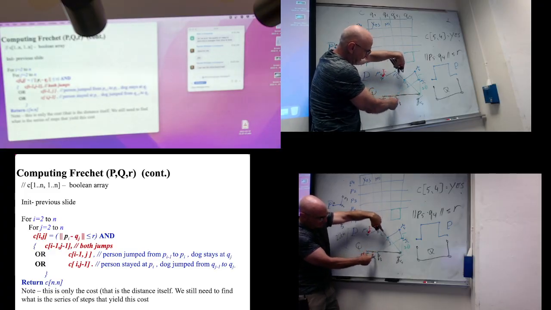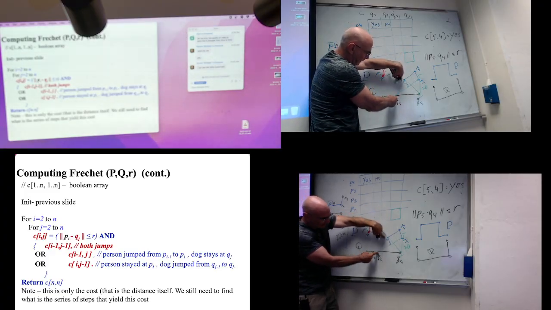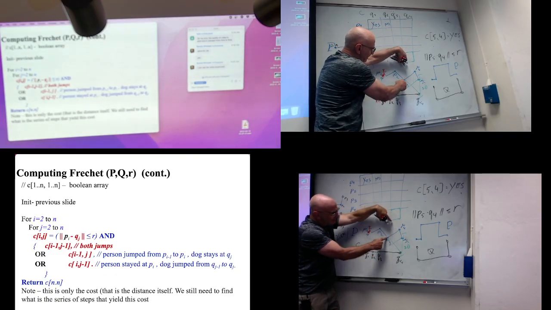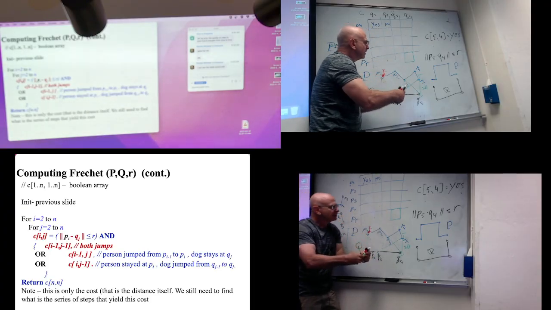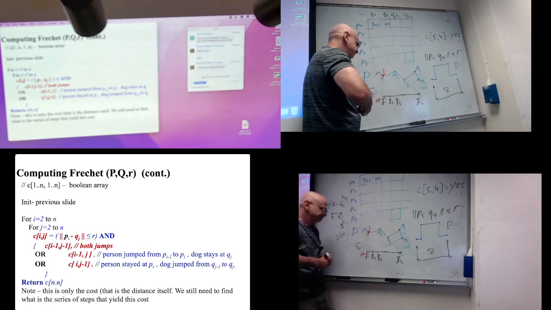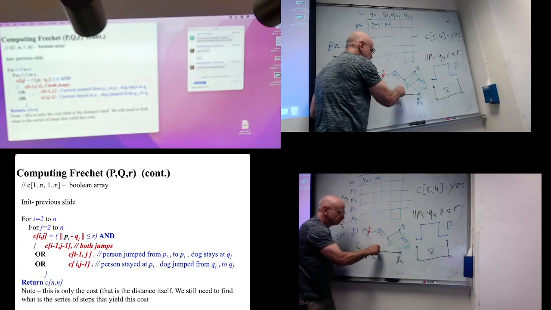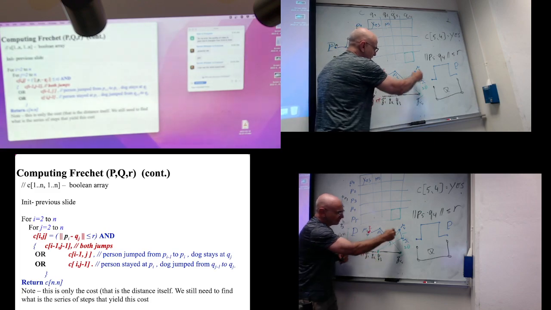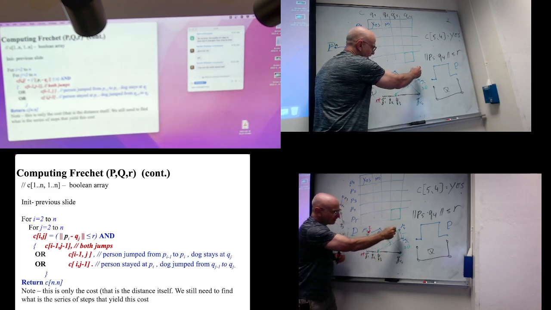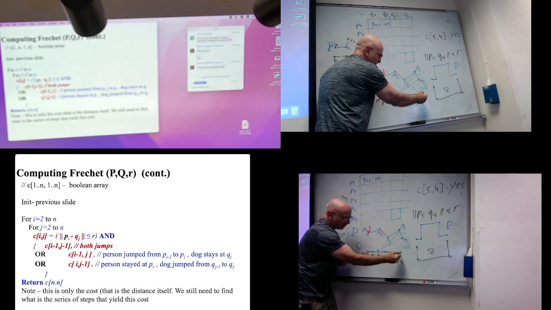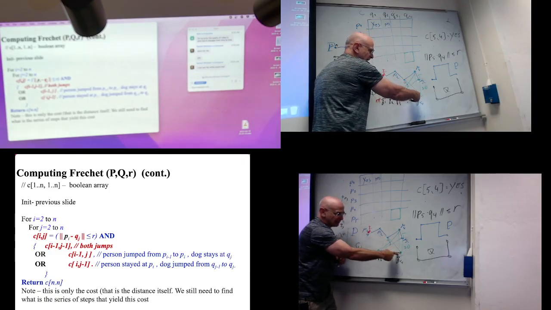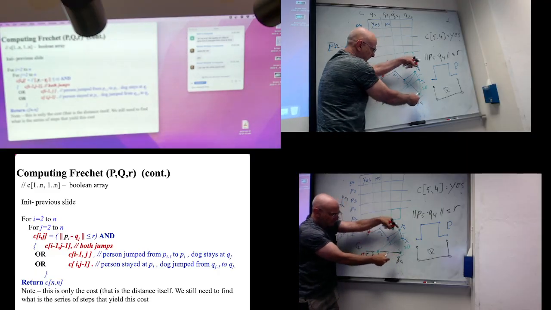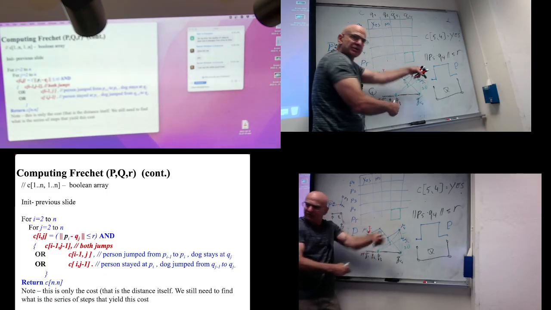Either the dog and the person are at P3, Q3, or P4, Q3, or they are at P4 and Q4, the dog arrived earlier and then the man jumps, or the person was at Q5 and the dog was at Q4.